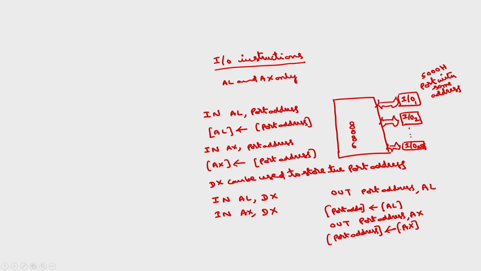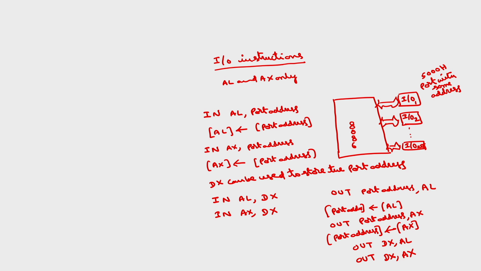Similarly, you can take the port address into DX and you can write OUT DX comma AL, OUT DX comma AX. So there are 4 IN instructions and 4 OUT instructions.